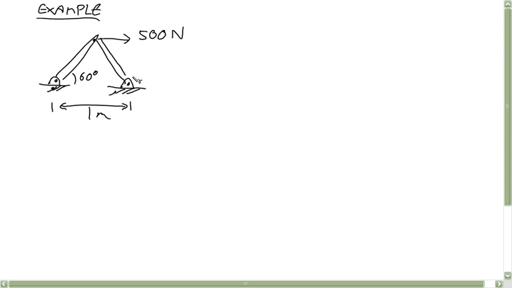These are both 60 degrees. Okay, and let's put the coordinate system here. And what we want to calculate are the reactions at all three of these pins. Or another way to say it is we want to find all the external loads for each member.